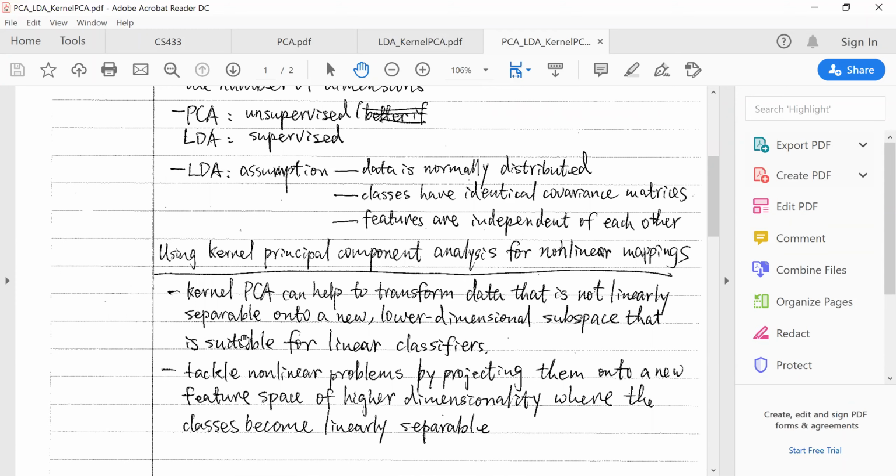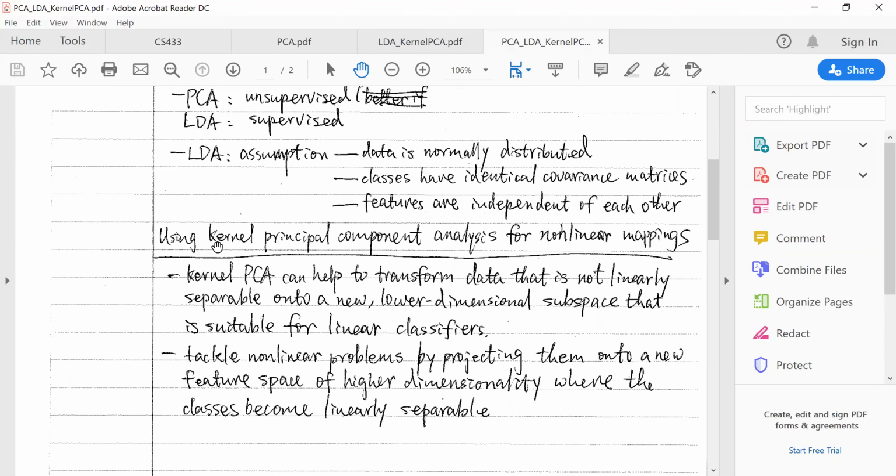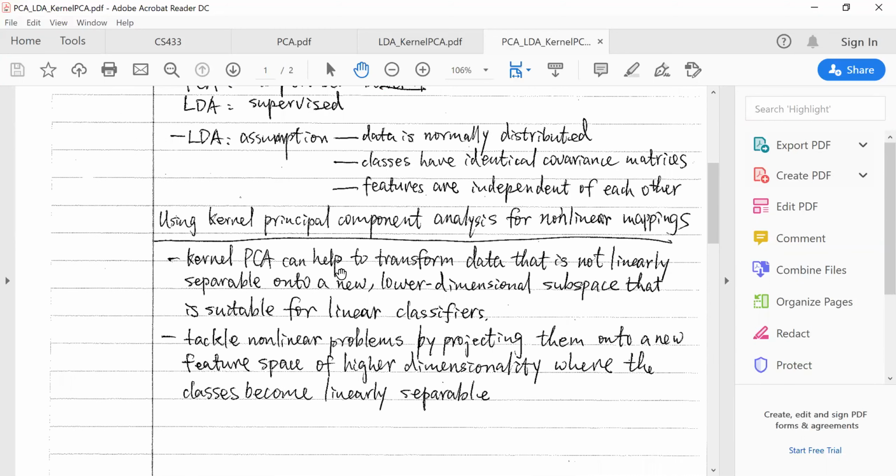So keep those assumptions in mind. And we can also apply kernel PCA for non-linear mappings, okay? Kernel PCA can help to transform data that is not linearly separable onto a new lower dimension subspace, because over here we also use PCA. PCA can achieve the goal of reducing dimensionality.